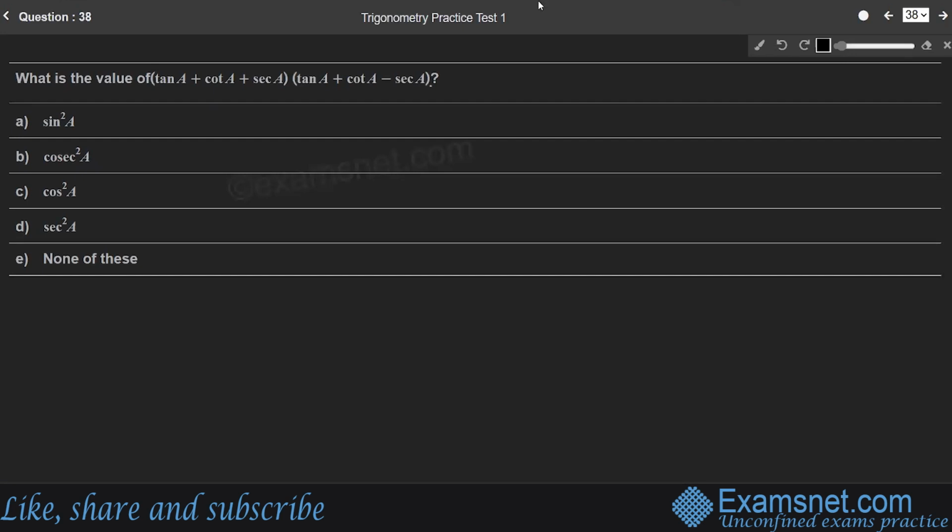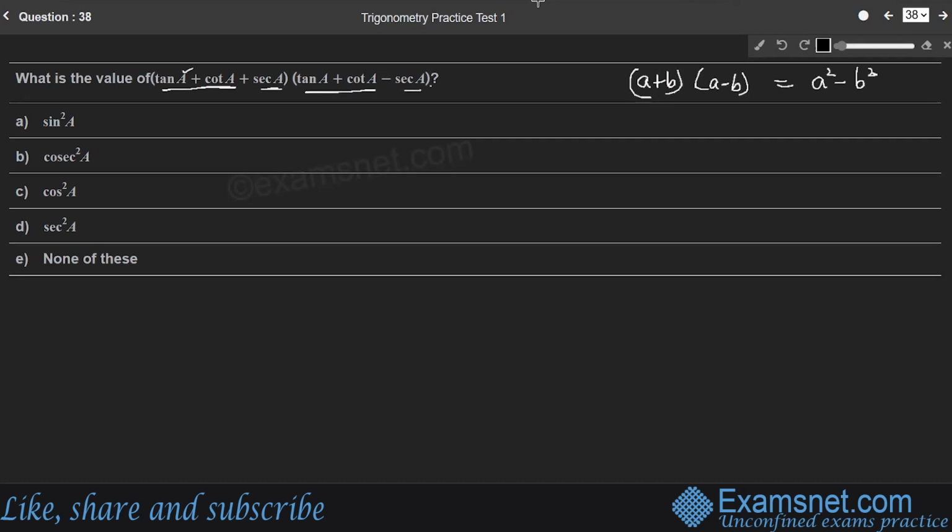Question number 38. What is the value of tan A plus cot A plus secant A into tan A plus cot A minus secant A? So we'll consider tan A plus cot A as a single term, plus the second term. And in the next term, we have tan A plus cot A minus the second term. So this is in the form of A plus B into A minus B is equal to A square minus B square.